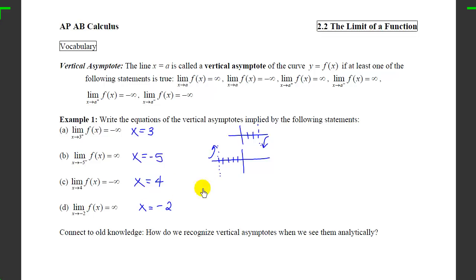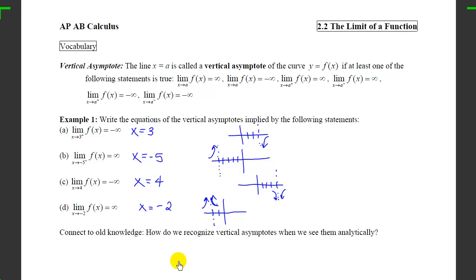Here we have a vertical asymptote at 4. And as we approach from both sides, we're heading down. And the last one, we've got a vertical asymptote at negative 2. And we again are approaching from both sides and heading up. Little sloppy there, but you get the gist.